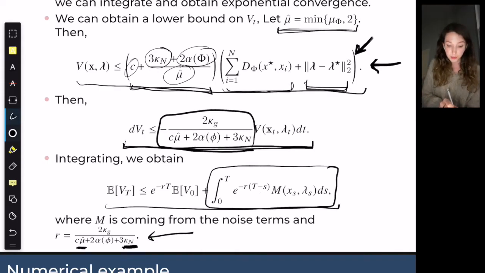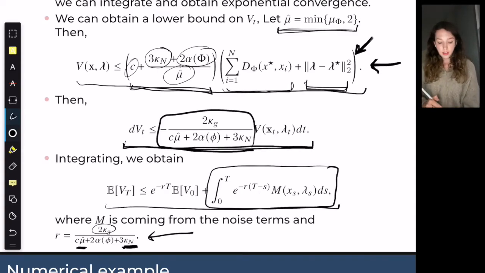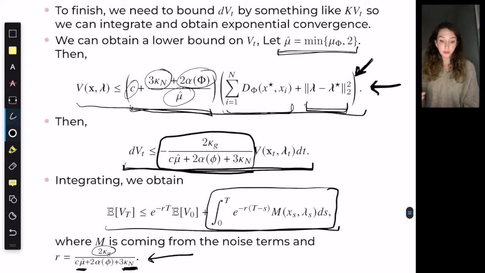It depends on the properties of our interaction matrix through this kappa n, and on both the objective function and the interaction through this kappa g. So yeah, the good thing is we have succeeded to show exponential convergence with this convergence speed r.